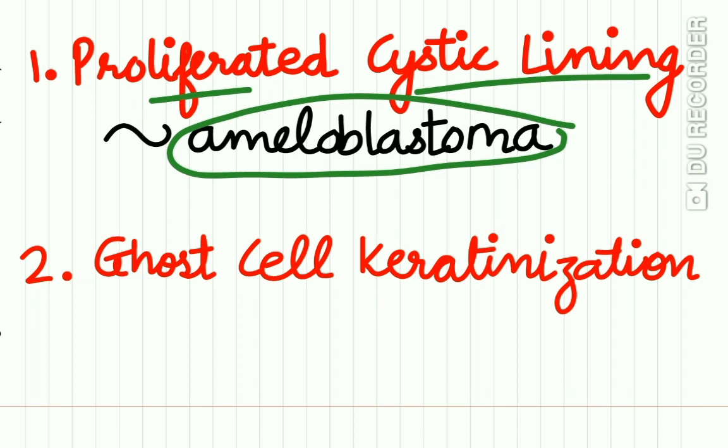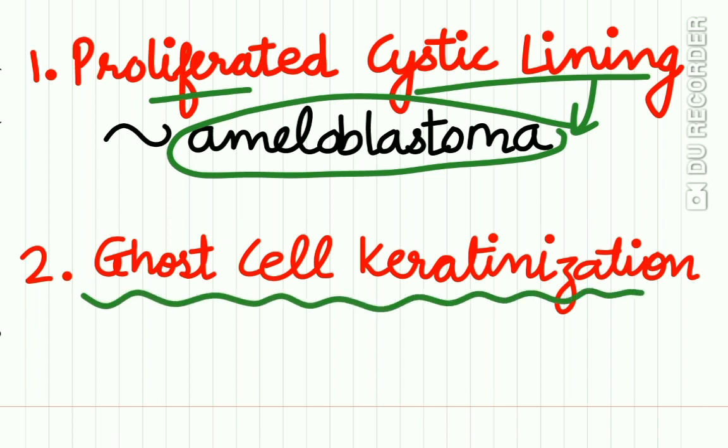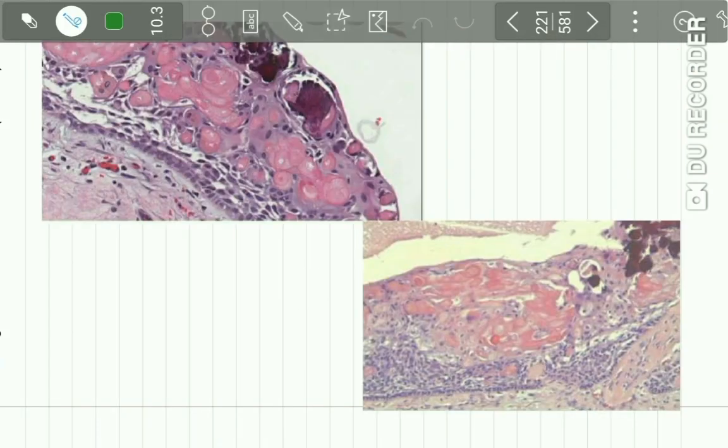So there may be columnar cells over which there are stellate and spindle shaped cells with an arrangement that suggests stellate reticulum like cells. So the proliferated lining resembles an ameloblastoma, and the striking feature, that is the ghost cell keratinization. This is the essential characteristic feature for diagnosis of COC.